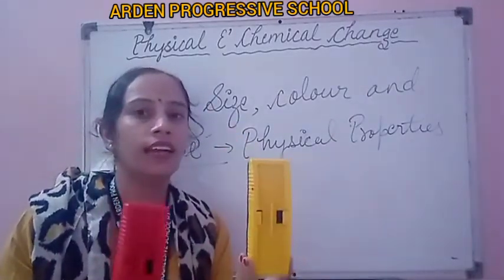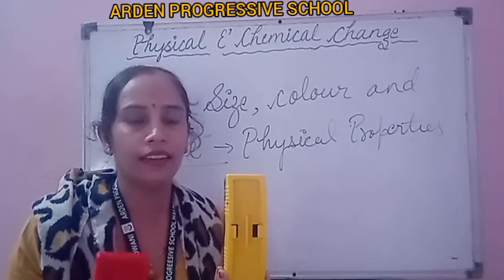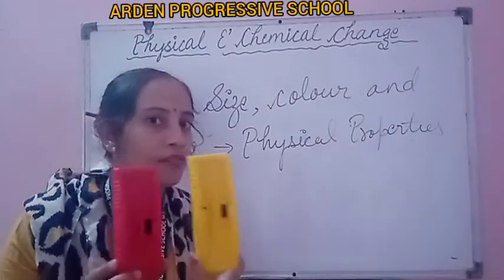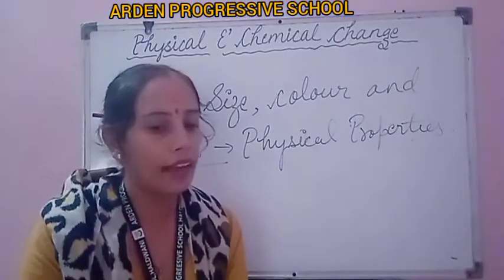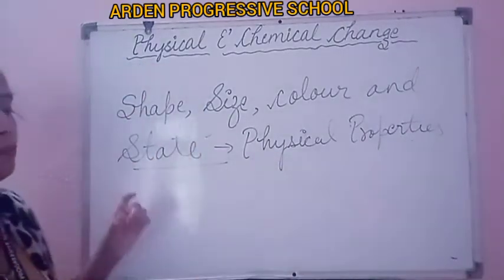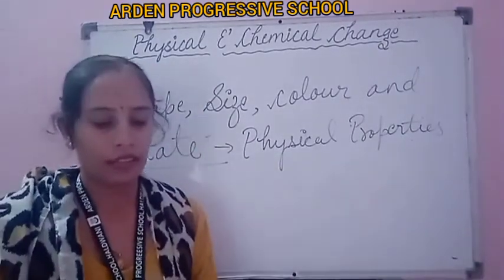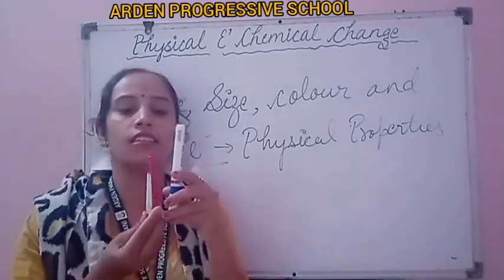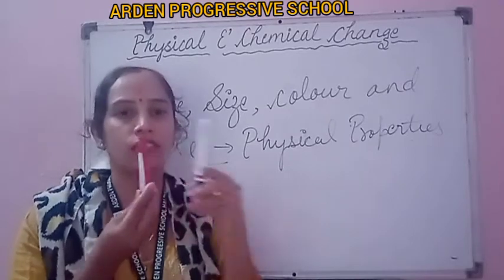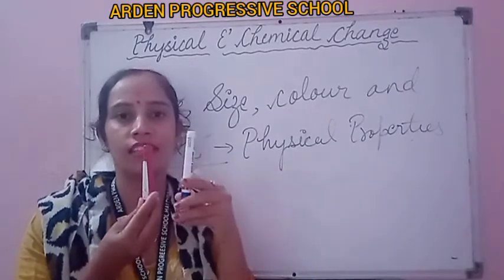This is yellow in color and this is red in color. So this is the physical change in their color. Clear? And suppose we can take the example of size also. This is larger in size and this is smaller in size. Clear? So this is the physical change in the size.